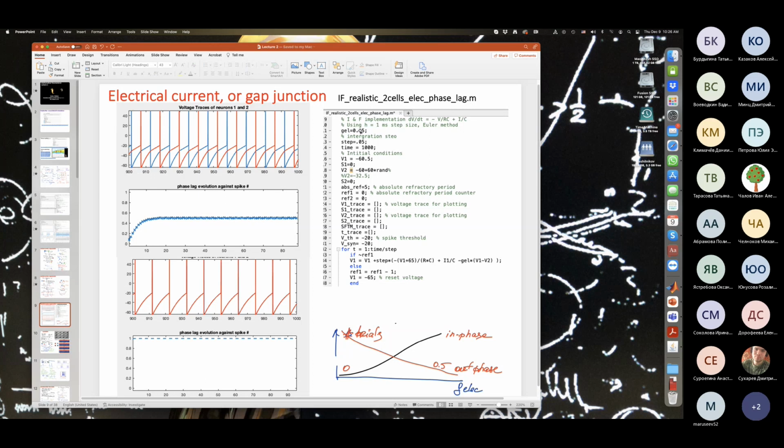In this particular case, the progression is that I pick two initial conditions. For the second cell, I pick the initial condition randomly. So basically, I use what's called a random number generator here. Every time you click run, this number is going to be between 0 and 1.